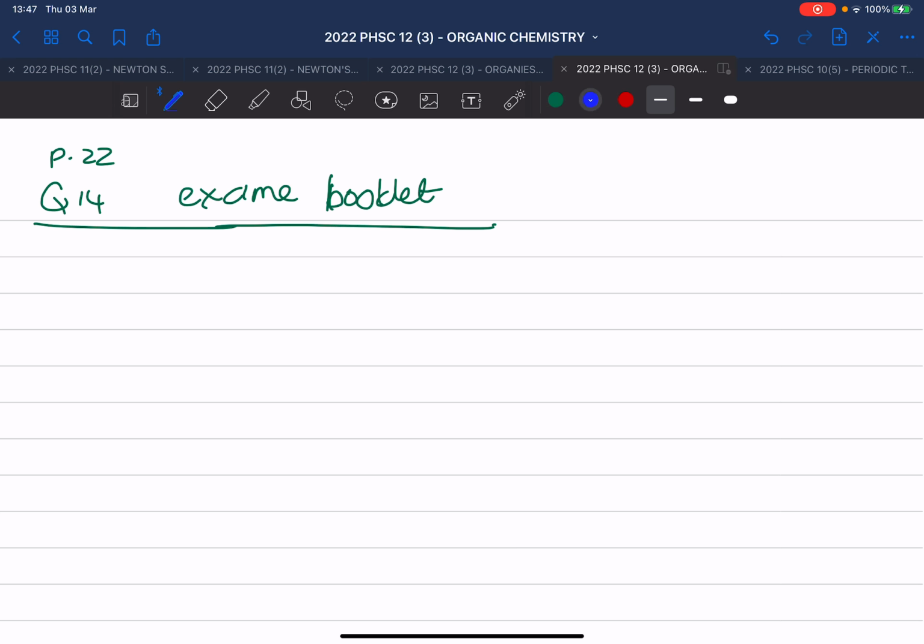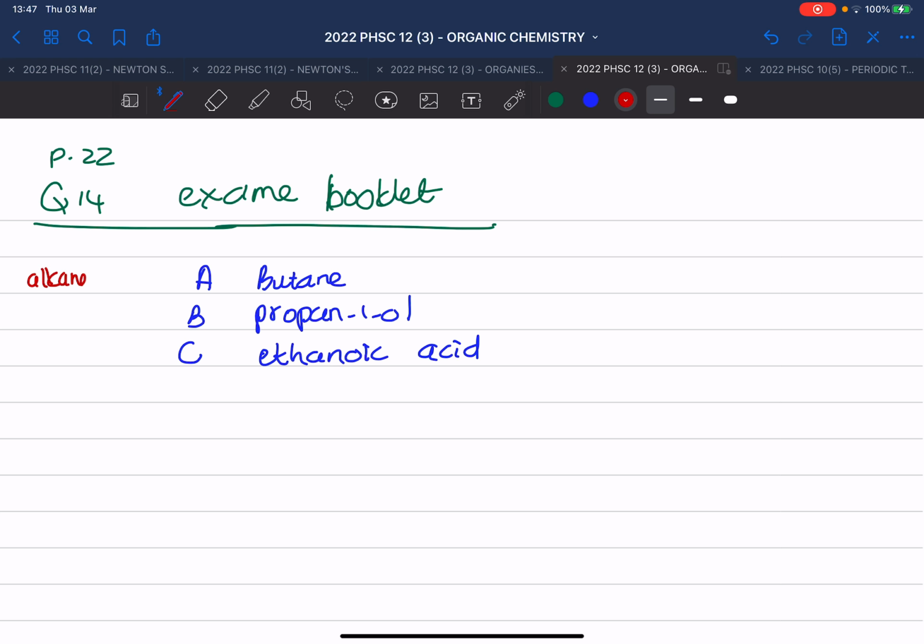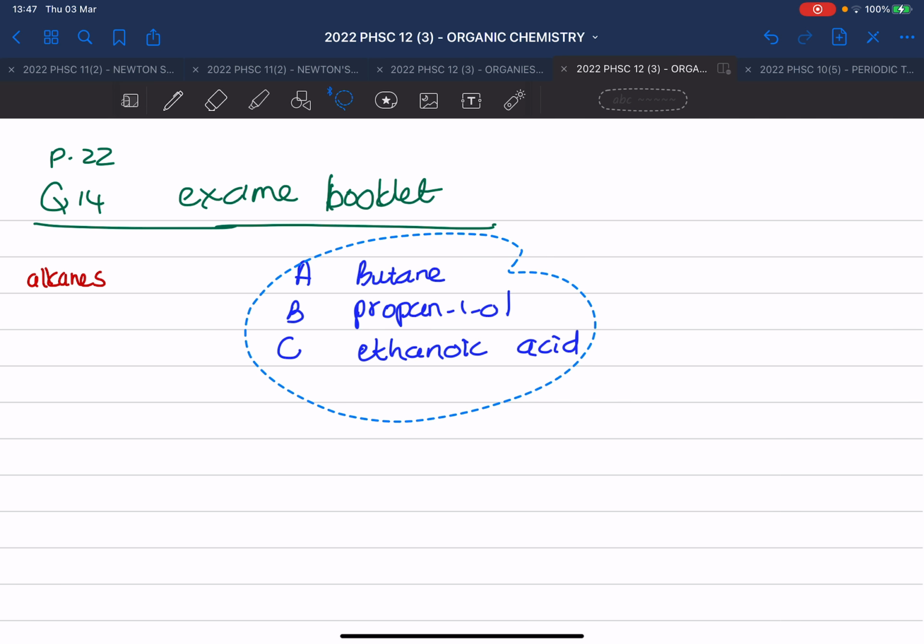Okay, now we have A, B, C. You see we have butane, we have propan-1-ol, and we have ethanoic acid. Immediately you write there for yourself, what is the molecular formula? Butane belongs to the alkanes, right? And it will be C4H10, I think.